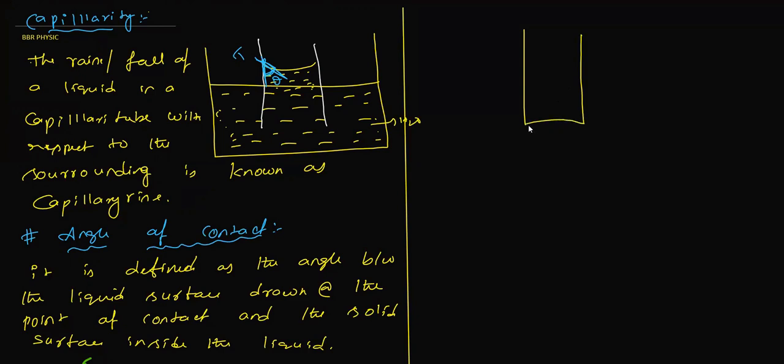Fine bore means the hole is very narrow. In that tube you get a meniscus like this. That shape of meniscus is what we call a concave meniscus.